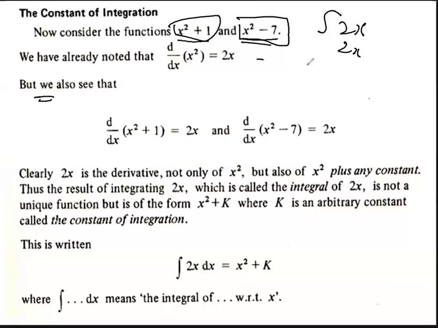As a matter of fact, there are an infinite number of possibilities, and therefore, because we're not certain, this is the reason why we call it indefinite integration.